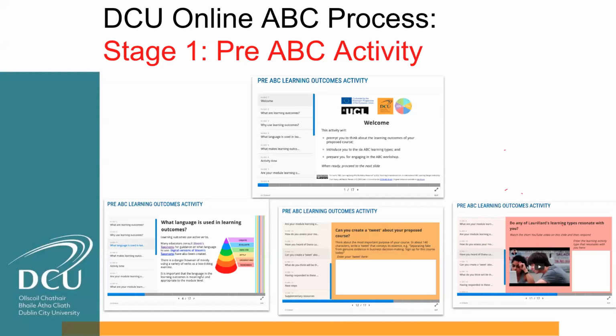This is somewhat to save time at the workshop, but more importantly, it also ensures that those coming to it have thought about and ideally discussed their intended learning outcomes in advance. Indeed, we ask the program chair to work with the team to discuss the learning outcomes and also create a suggested tweet about the proposed course in readiness for the workshop.